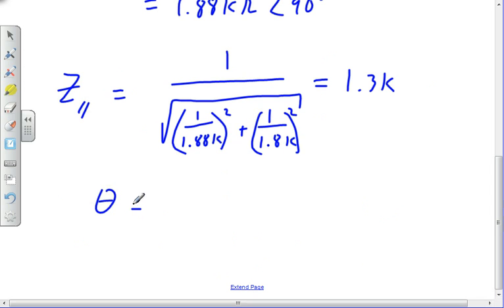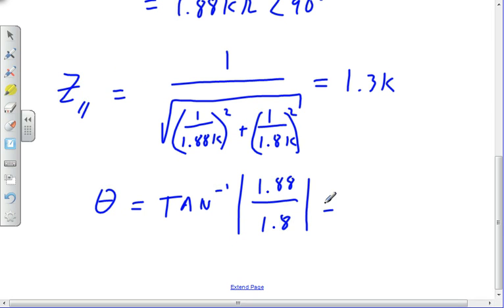My phase angle is going to be the arctangent of the reactance divided by the resistance. 1.88 divided by 1.8 equals, second function tangent, 46 degrees. Angle 46 degrees.